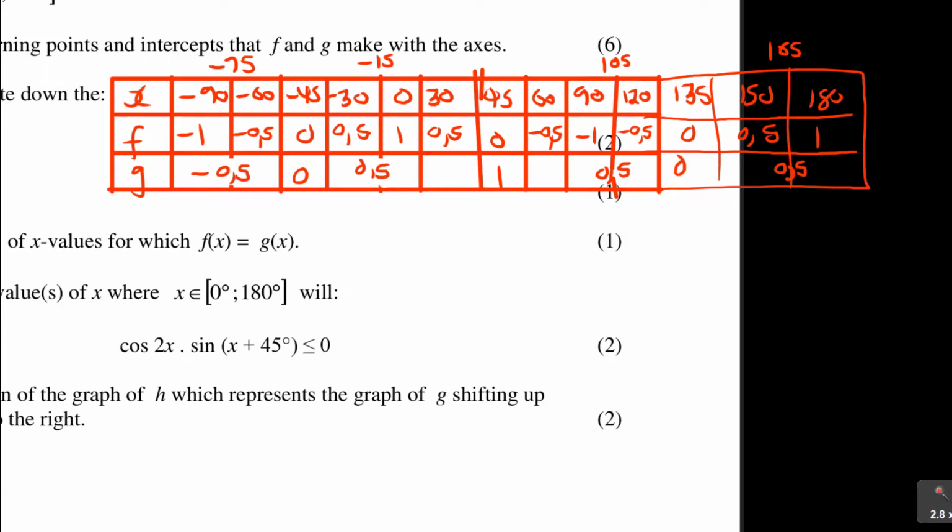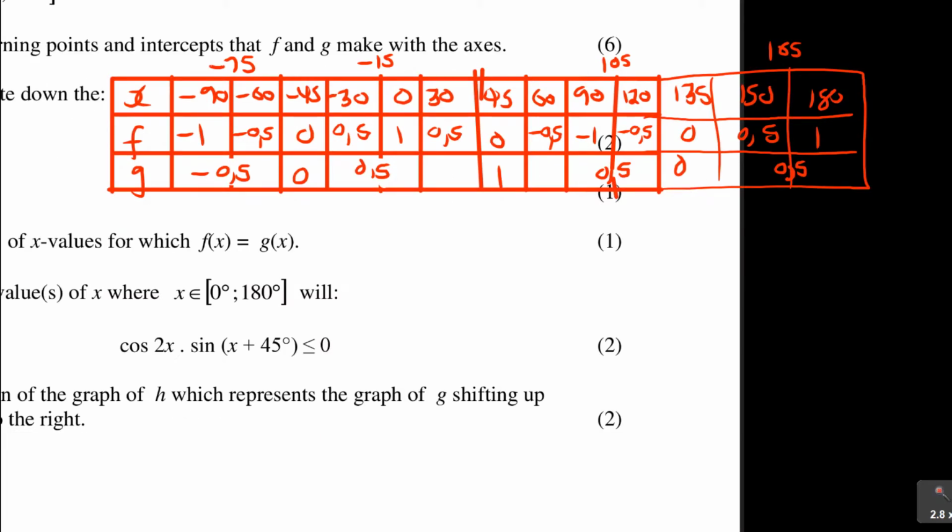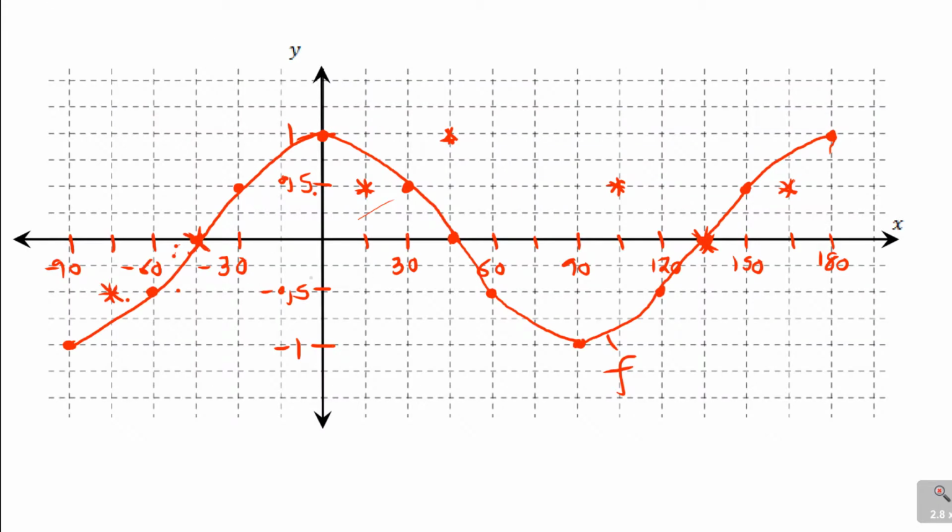I have 45 is 1, and then I've got minus 15 is 0.5. I think that's where the error is. Minus 15 is 0.5. It's supposed to be here, not there. It was here, you see. I'm going to erase that part. This is not there. Now it's much better, because that's the one that was giving me an issue there.